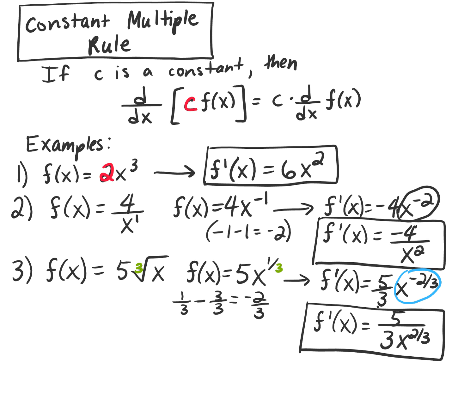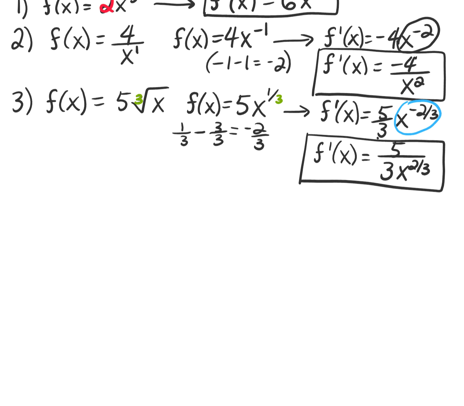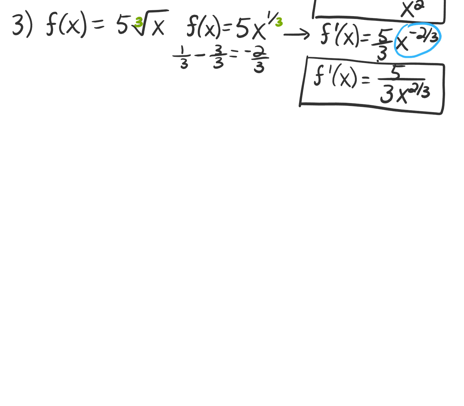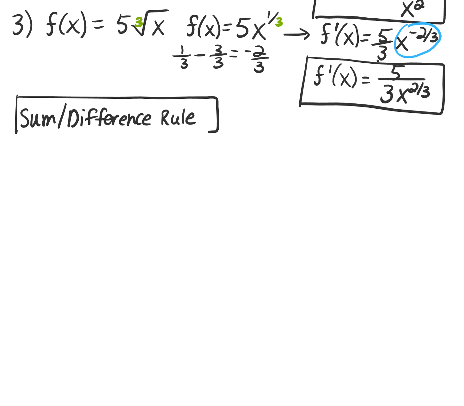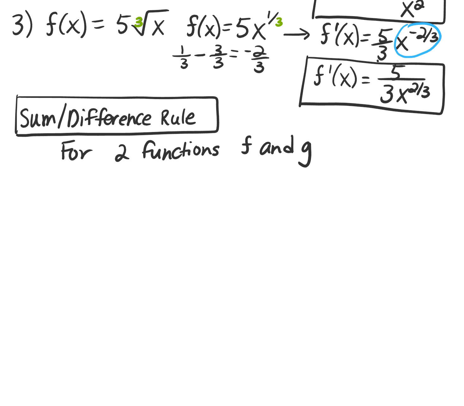Right now we're ready to combine our rules together with multiple parts. And it's really not much different than what we were doing, but combining 2 or more functions together. So this rule is called our sum difference rule. For 2 functions, f and g. And in fact, this would work also for more than 2 functions, but we'll define it with the 2.